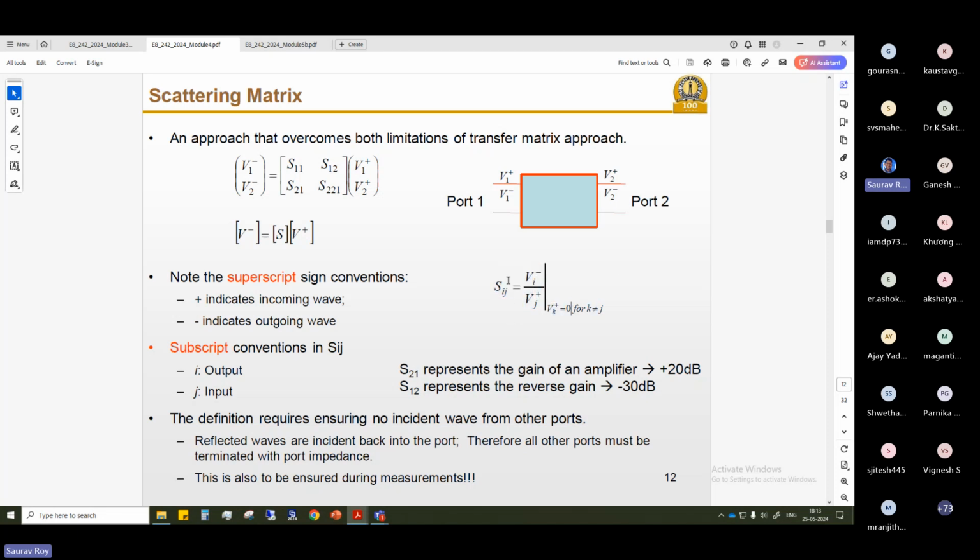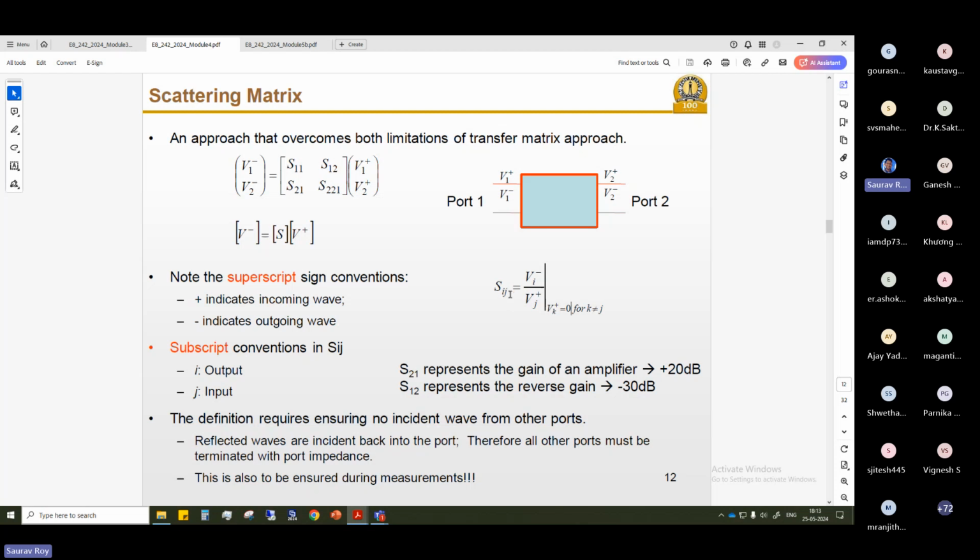So what does it say? S IJ at the two ports. The notation is very important here. You see SIJ: in the numerator it is Vi minus and in the denominator it is Vj plus. So let's say SIJ is S21. S21 means what you will get at port 2, given that at port 1 something is incident.